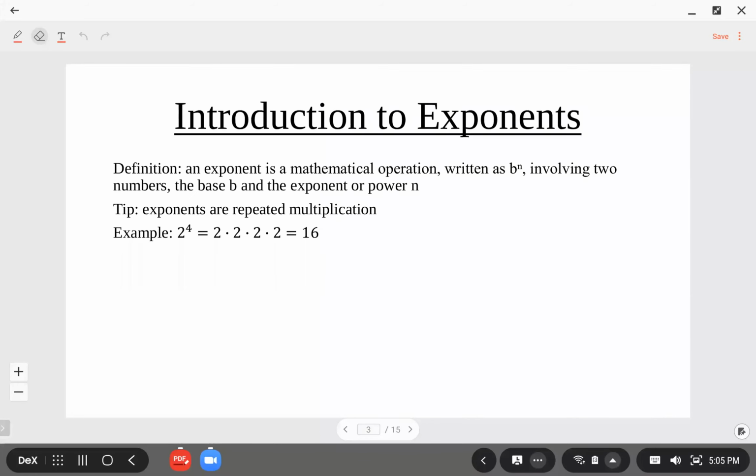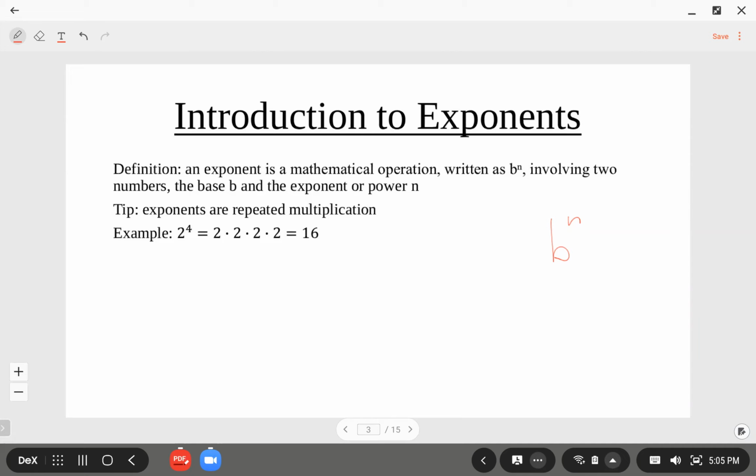So, first is our introduction to exponents. So what is the definition of an exponent? So an exponent is a mathematical operation written as b to the nth power, involving two numbers, the base b and the exponent or power n.